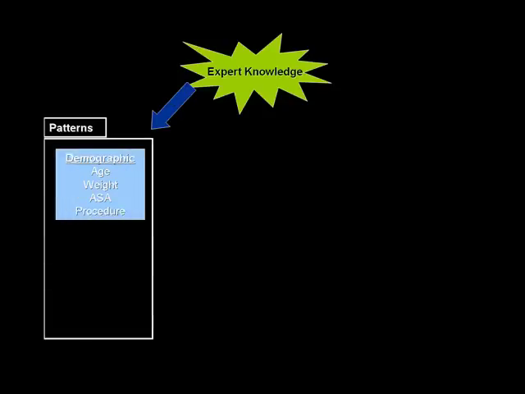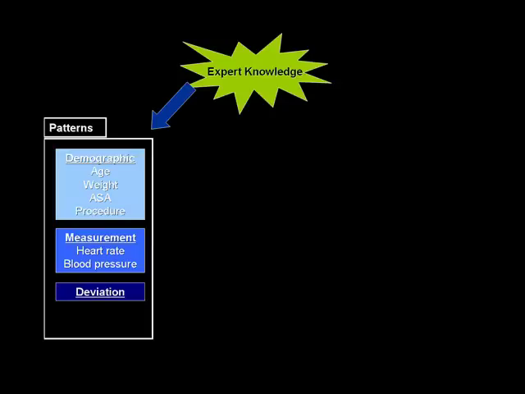These patterns can be demographic, such as age and weight, measurement patterns, such as heart rate or blood pressure, dynamic patterns, such as deviation patterns, which include dynamic changes in the input variable, represented as a percentage change or a number of standard deviations in change, or change point patterns, which use specific algorithms to detect when a trend in a particular variable has changed.